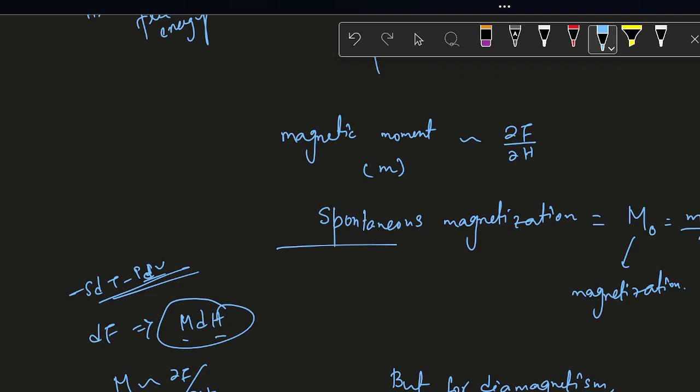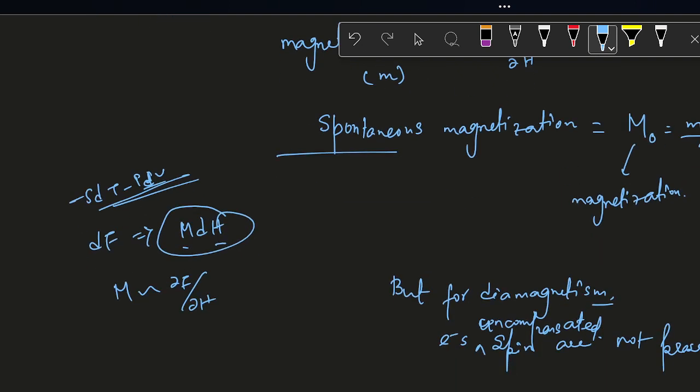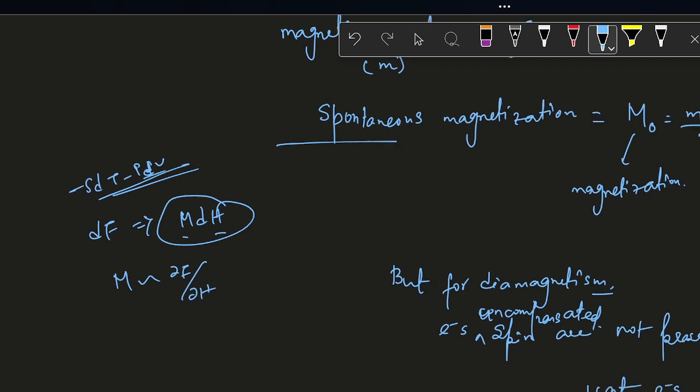Like we have in case of paramagnetism, you have to have some uncompensated magnetic moment, but for diamagnetism we assume that electrons are as if spinless. So even if they have spin, all of them are compensating each other. So as usual, as if they are spinless.